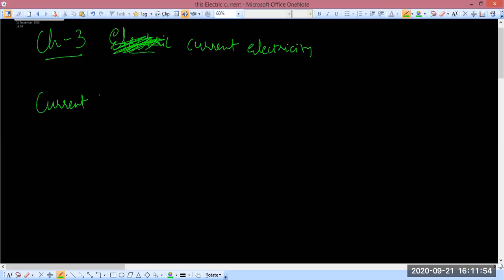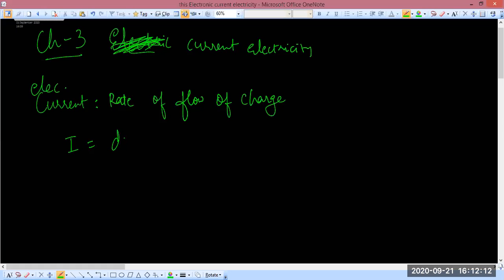So current is defined as the rate of flow of charge. Electric current is defined as the rate of flow of electric charge. So the formula for electric current is dq by dt.